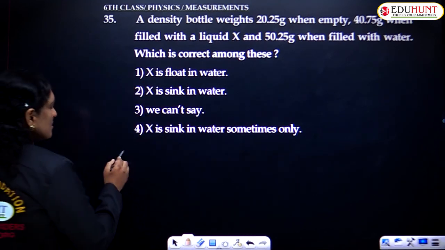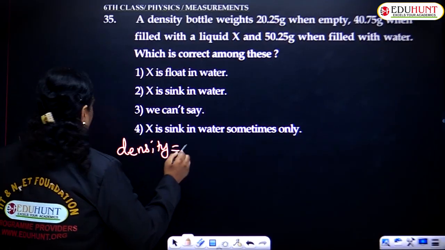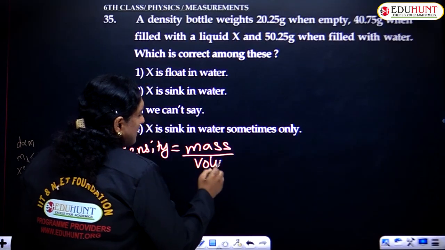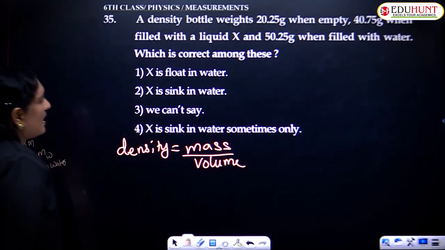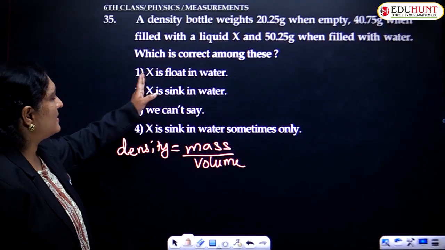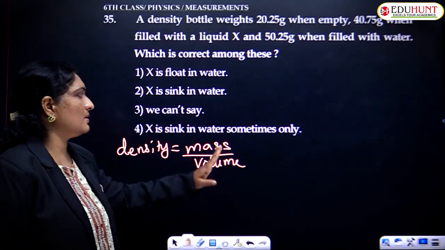Let us see. Children, you know that density equals mass by volume. So you are asked to find out which is correct among X is floating in water, X is sinking in water. We can't say X and water sometimes only.